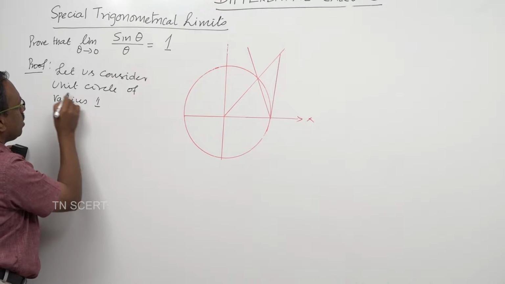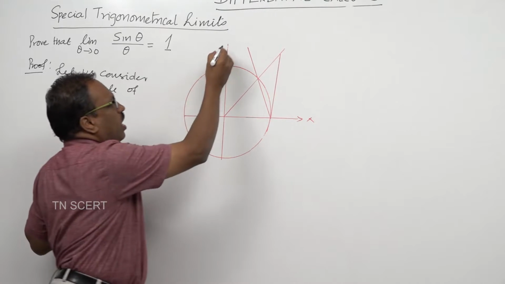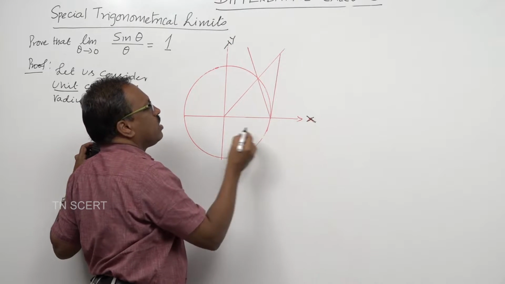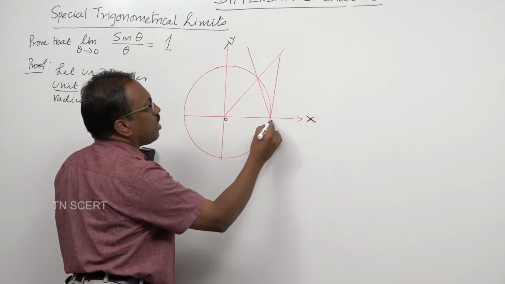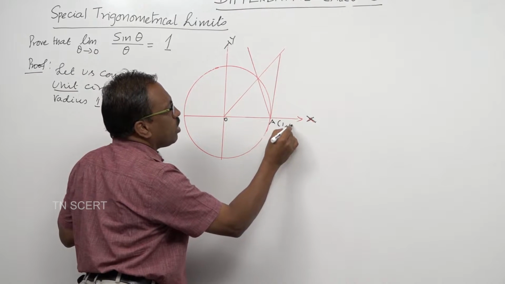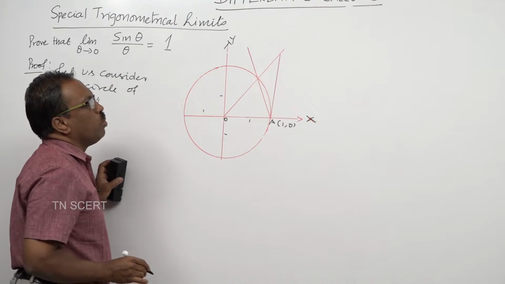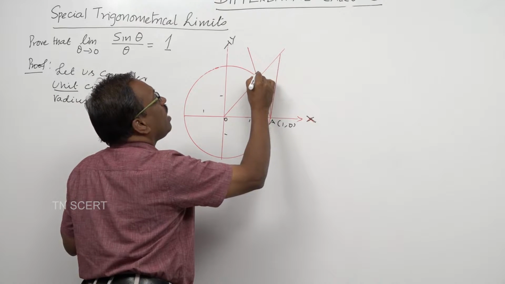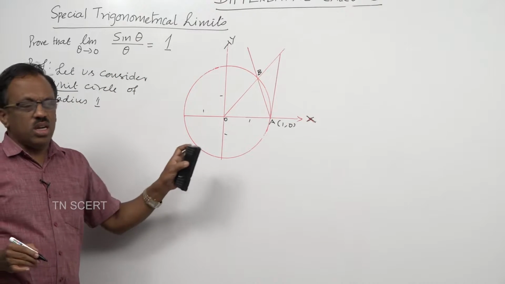Obviously it is 1 because it is a unit circle. So here x and y axis, as usual, and O is the point, and this is nothing but A, which is 1 comma 0, because it is 1 everywhere. So no problem. And this point I just take as B here.